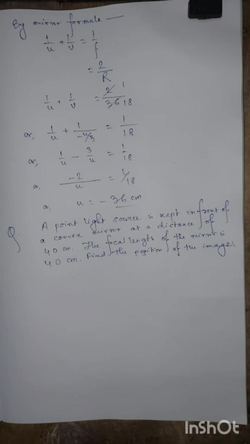Find the position of the image. We know in case of a convex mirror, the image formed is always a virtual image which is formed behind the mirror. So we need to find out the image distance. So let us do it.